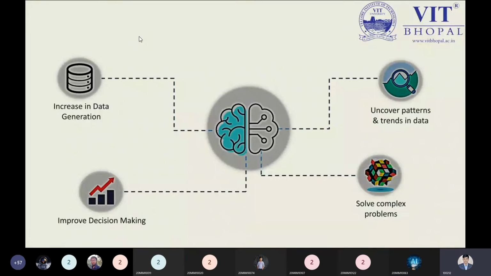So that is a point we can use in image processing. Image processing is the biggest application followed by machine learning to detect disease, so the proper treatment can be provided to the person on time. So uncovering patterns and trends in the data comes from this point. That is a need for machine learning.